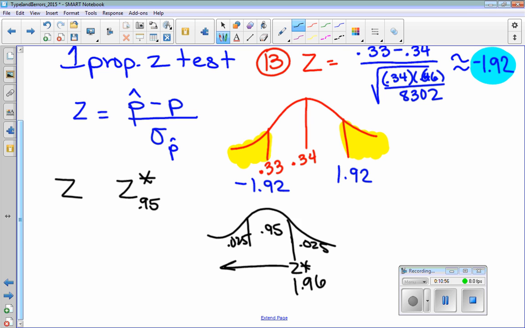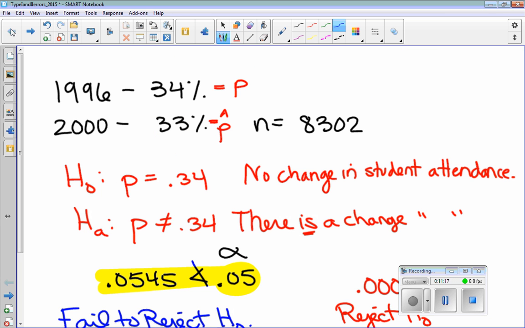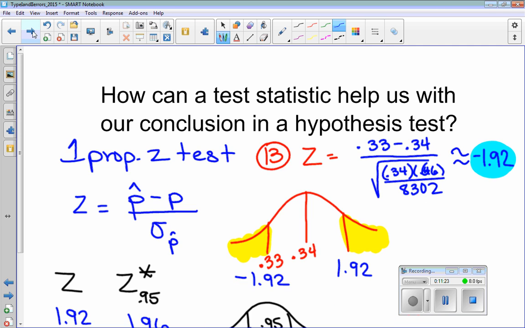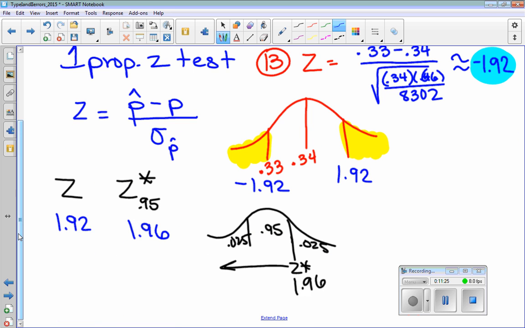So the z star is 1.96. The actual z using our information is 1.92. What's the problem here? You're going to compare those two things. They're pretty close, aren't they? This one was bigger. This one is not.